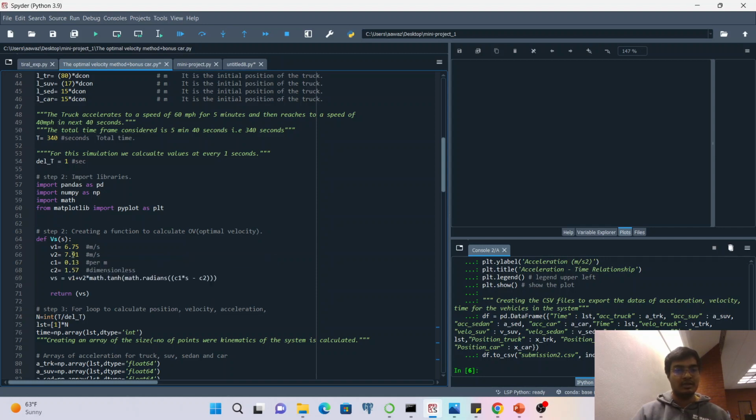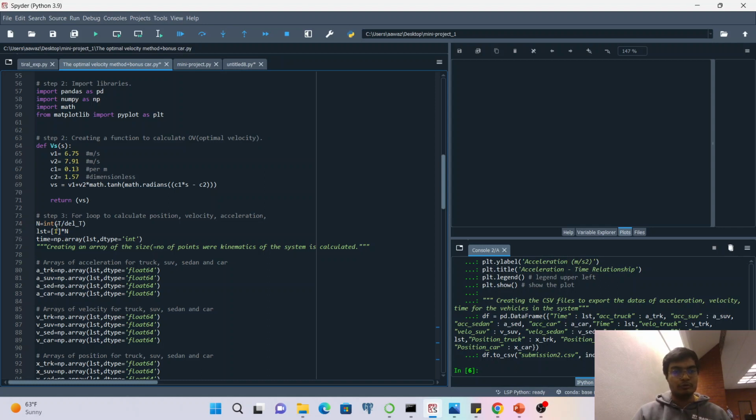These are all given in our model. The optimal velocity equation can be written as vs equals v1 plus v2 times math.tanh of math.radians. Radians is used because Python doesn't understand degrees, so we must give the input in radians, so there will be no problem with the output.